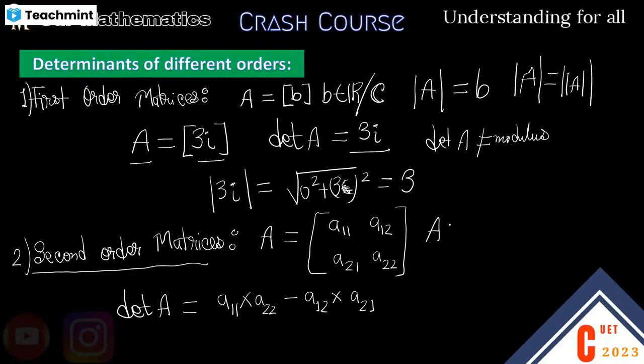For example, আমাকে এটা ম্যাট্রিক্স দিয়া আছে 1 2 3 4, this second order matrix, okay.